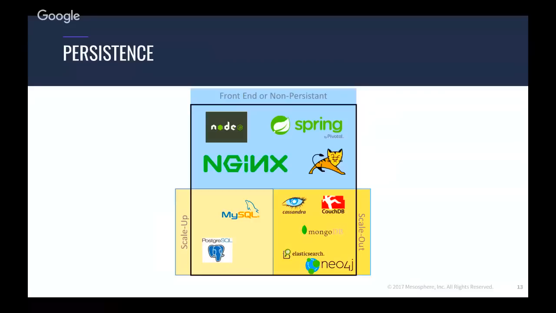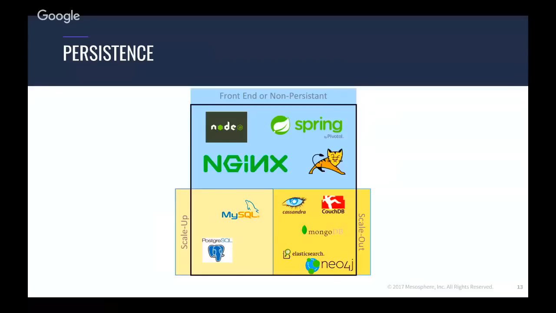We have the stateful applications which were written for distributed systems, and they scale by adding more nodes, like Neo4j or Elasticsearch. And we have stateful applications which scale by adding more hardware, more CPU cores, more memory, like traditional single machine Postgres, SQL, or MySQL databases.